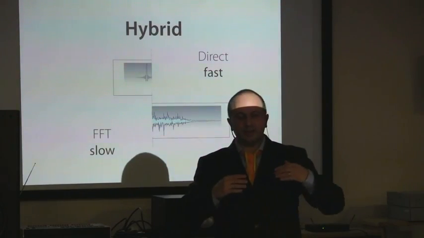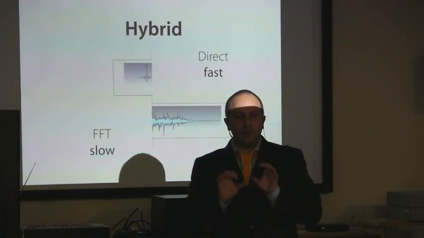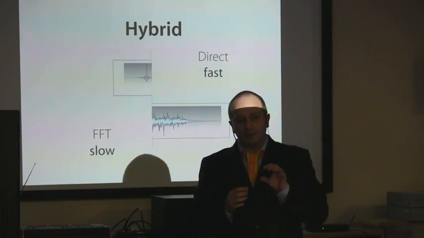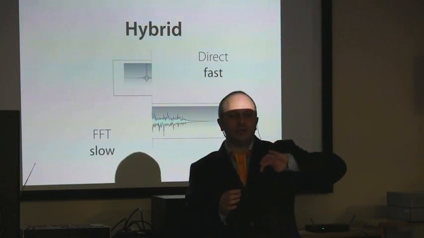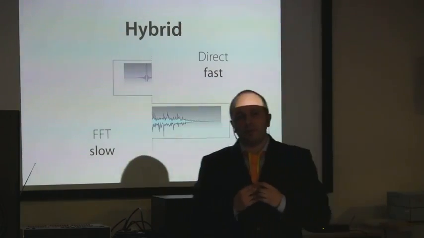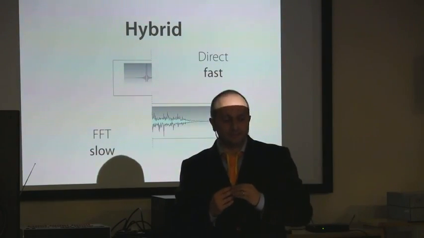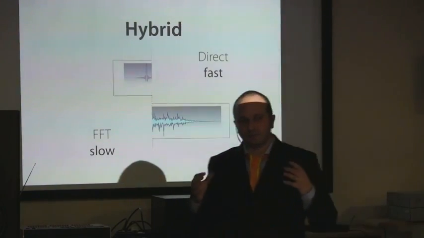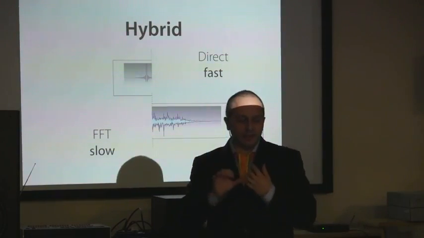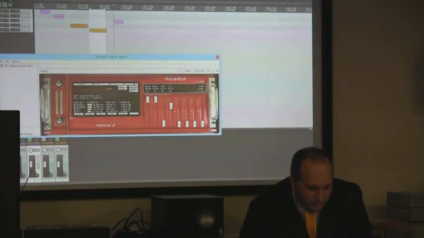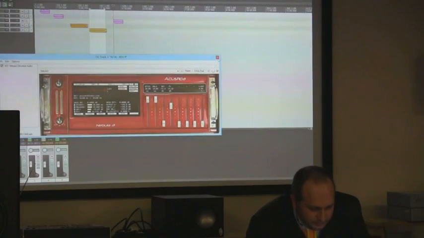The second one is slow, and when you mix, you have a long tail which is moving slowly, and the direct section of your kernel which is moving really quickly and can help you model, for example, a compressor. So this is a sort of hybrid approach. We are mixing techniques, and we have at the end a sort of final result.